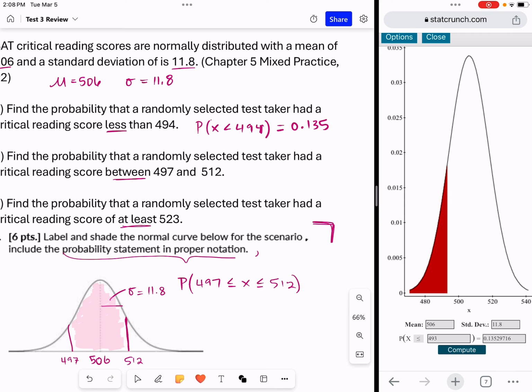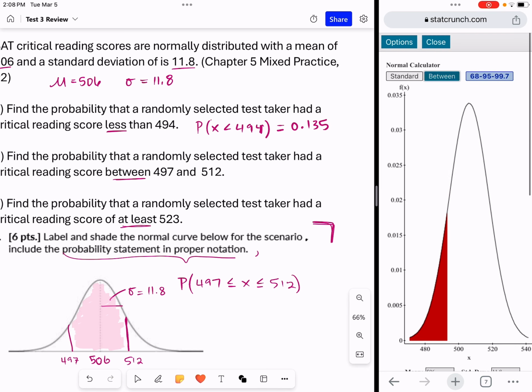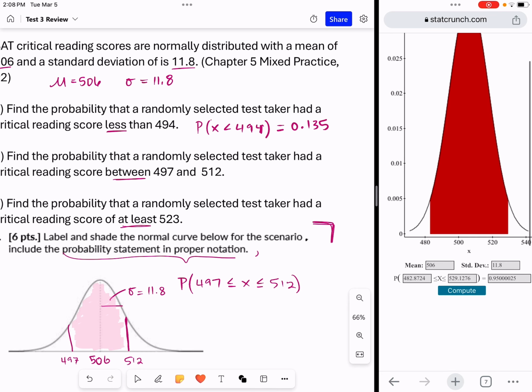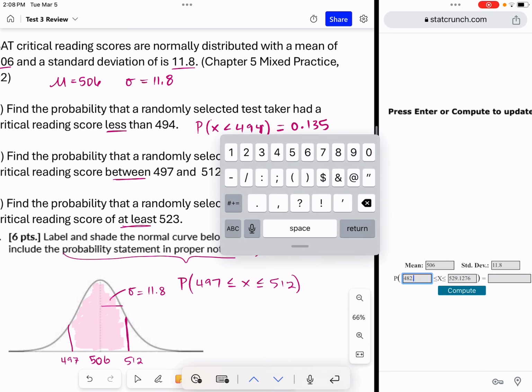For the between, switch back over to between. I'm going to clear out my numbers here. I want 497 on the lower end and 512 on the upper end.